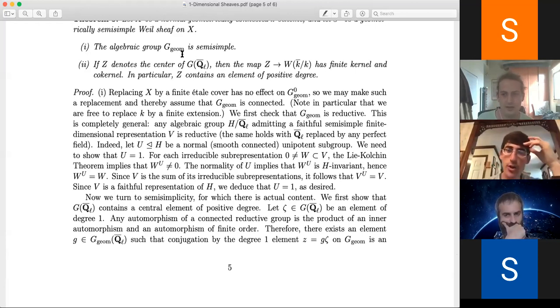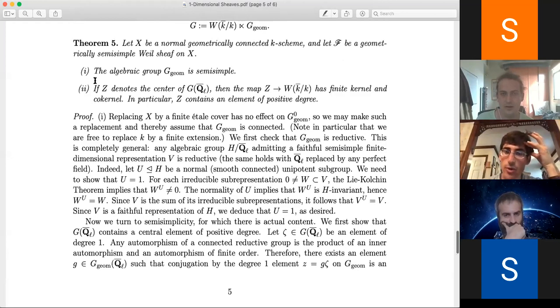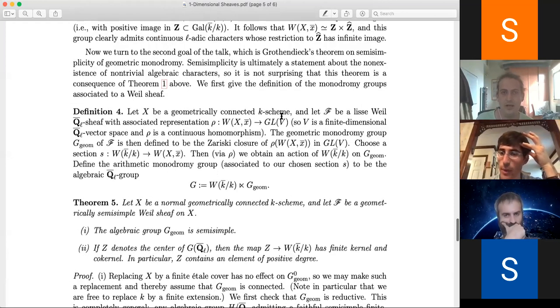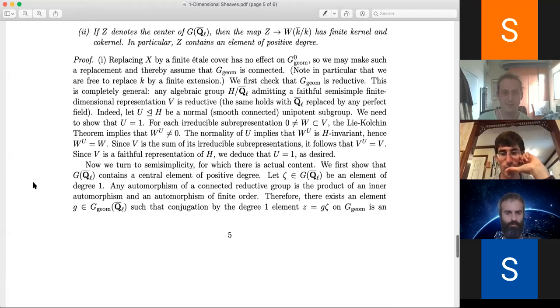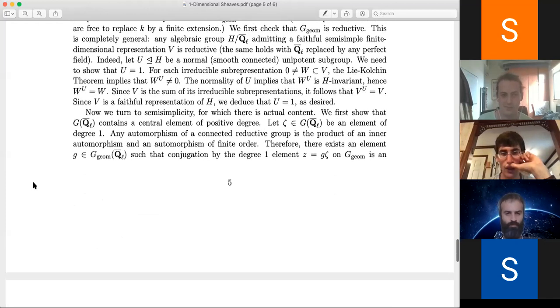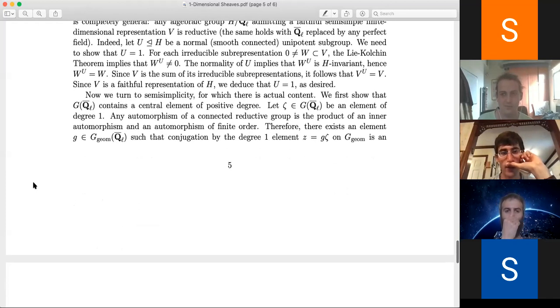The geometric monodromy group, by definition, is a subgroup of this GL of V, so the representation is that one. And it's semi-simple because of our assumption that F is geometrically semi-simple. So it's a semi-simple representation. I should have specified that.